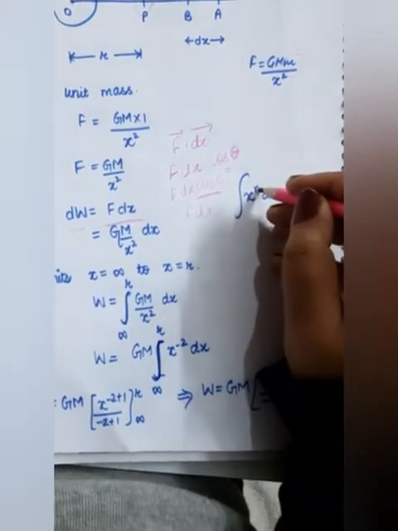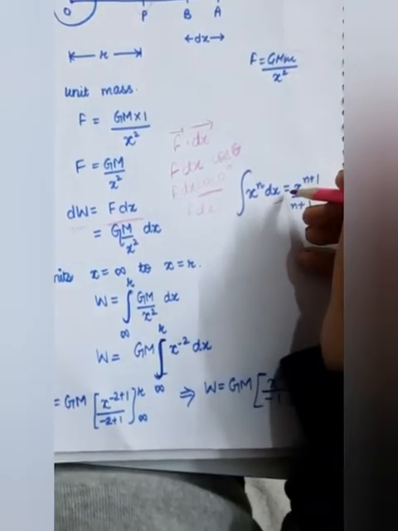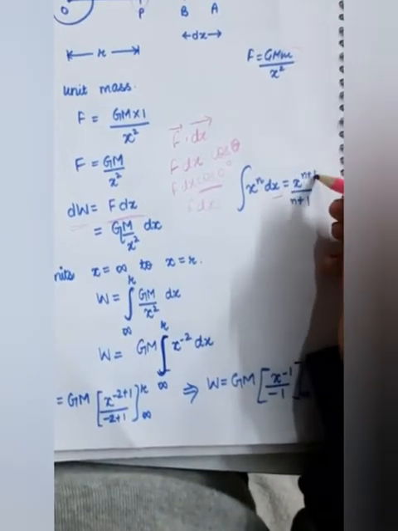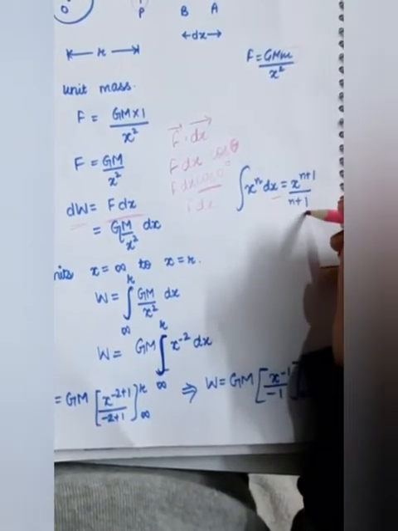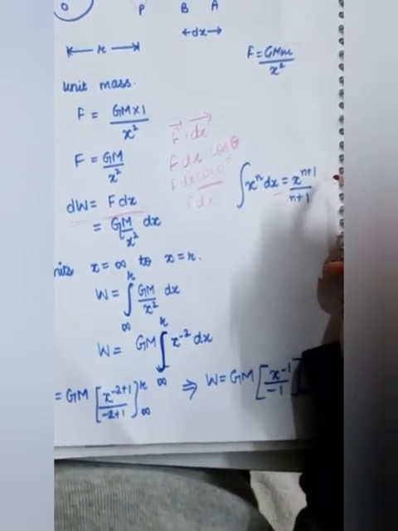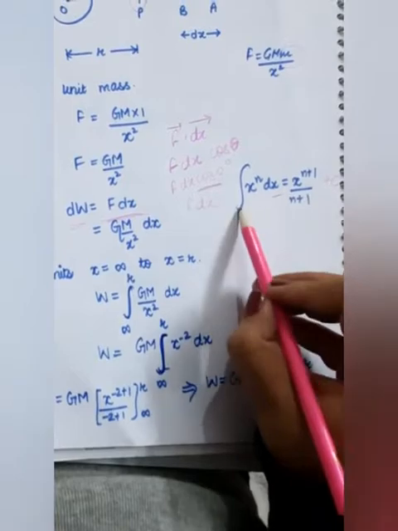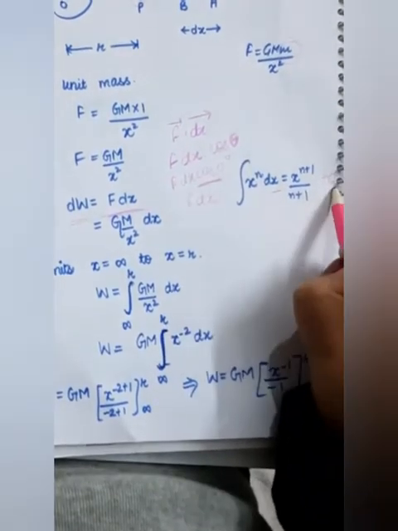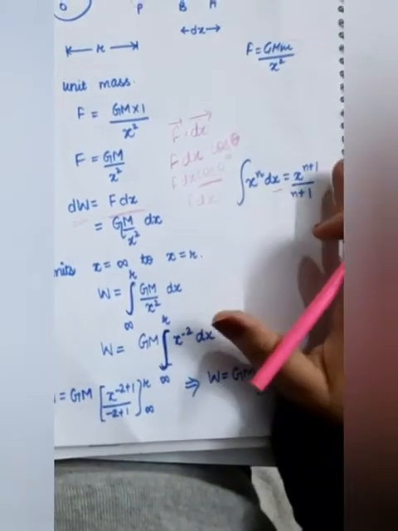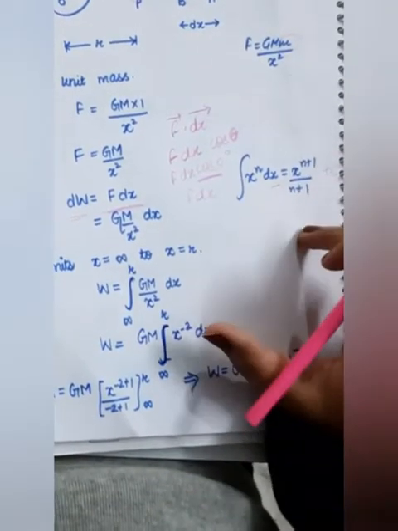The integral will become x raised to the power n plus 1 divided by n plus 1, plus constant. Okay, so if there are no limits, then this constant appears in the solution.